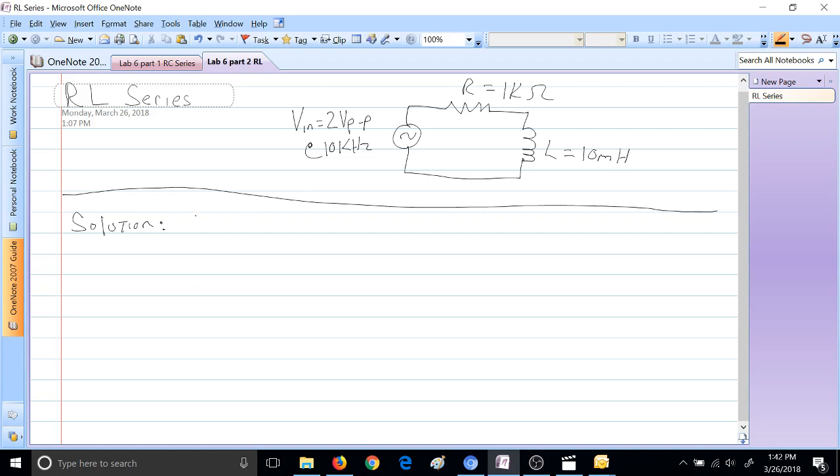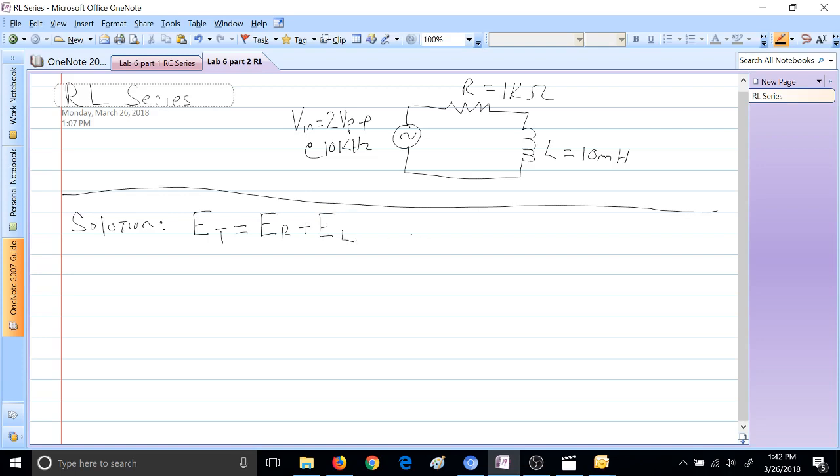The solution again is going to be looking at all the tools we have available to us, so how to solve this problem. And so we know that we have the total voltage potential, in this case, equal to the voltage potential across the resistor, and now, different from the last circuit, the voltage drop across the inductor.